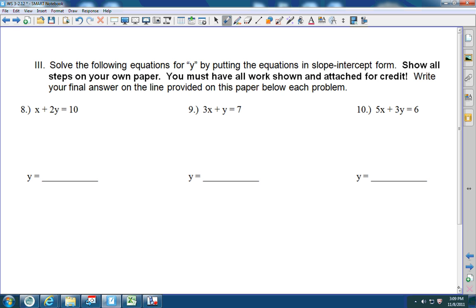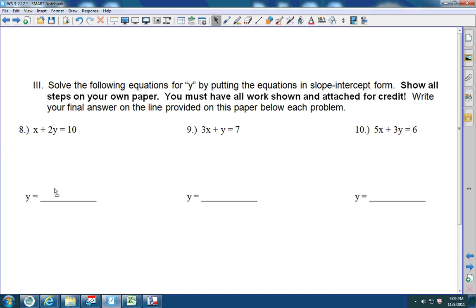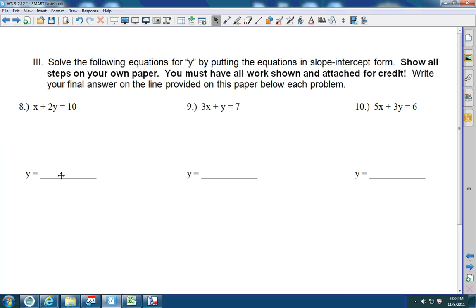Here's the next one. It says solve the following equations for y by putting them in slope-intercept form. Show all your steps. Okay, so what I'm going to do, I'm going to move these down. That's all together. Okay, I guess I'll have to write a little bit smaller. First thing I'll do is subtract x from each side.